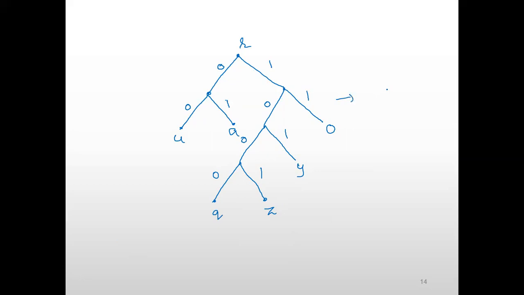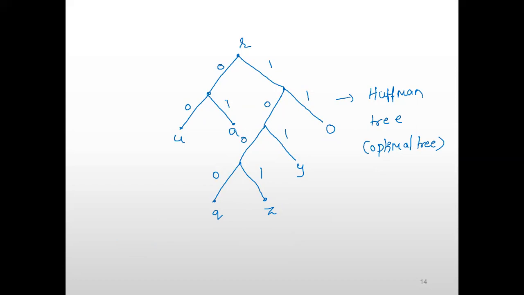So this is called a Huffman tree, or an optimal tree. Now we need to write a code for the corresponding labels.